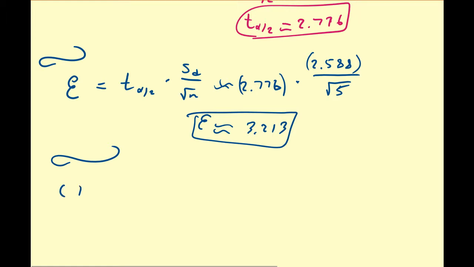Remember, the confidence interval for the mean difference has a point estimate of x bar d. So that's going to be the center of this confidence interval.